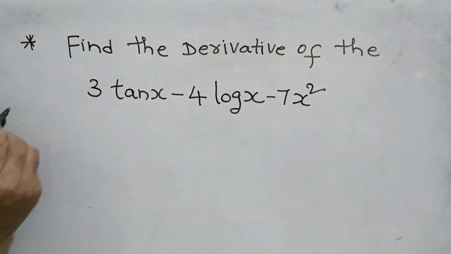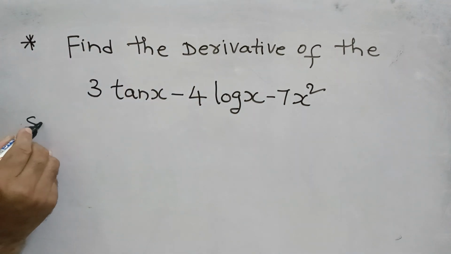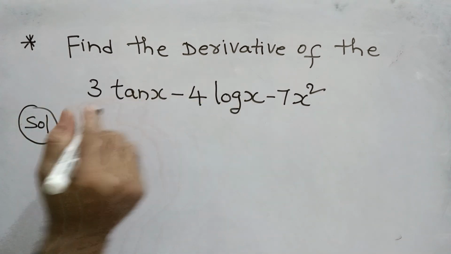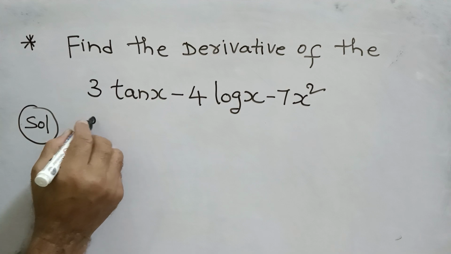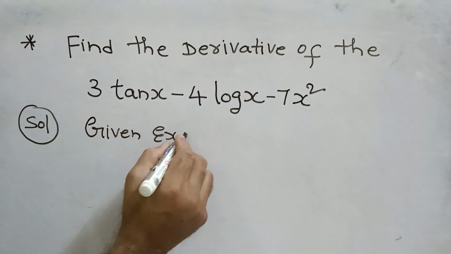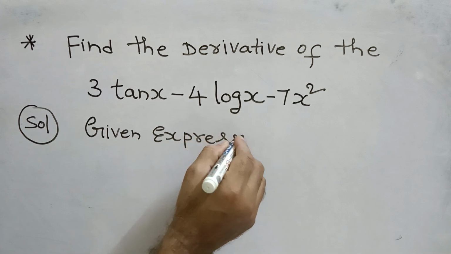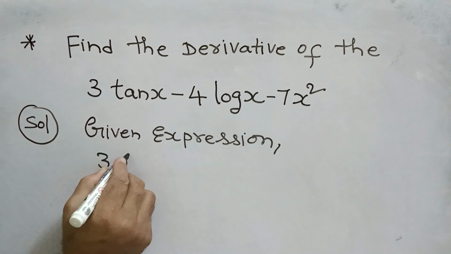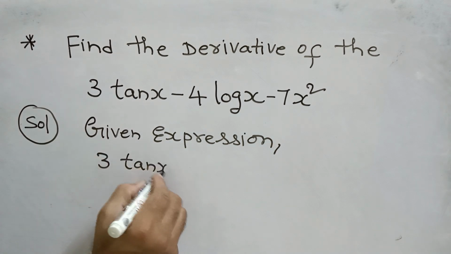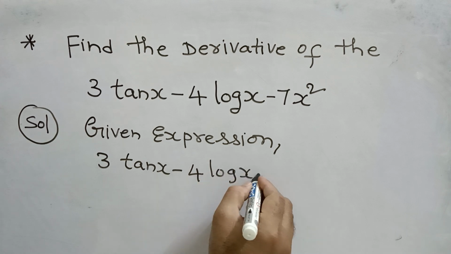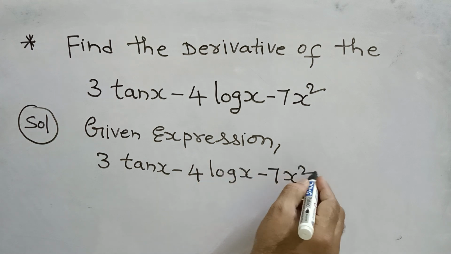So how to find the derivative? I am going to solve this question. Carefully see. This is the given expression. You can write the same as it is: 3 into tan x minus 4 into log x minus 7 into x square.